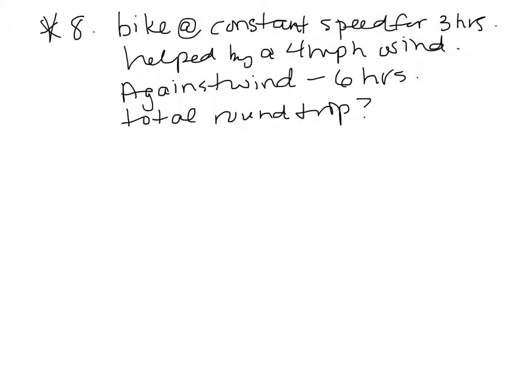So now to complete this problem, you need to remember the relationship distance equals rate times time. You also need to remember that the rate in this situation is made up of the bike speed and the speed of the wind.